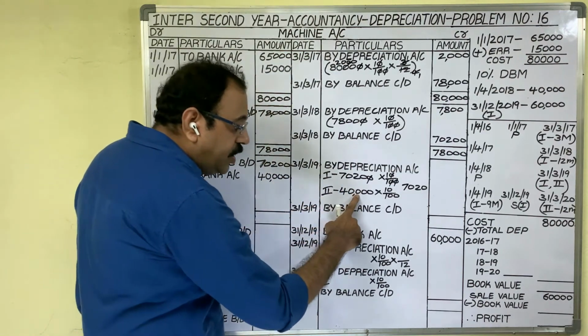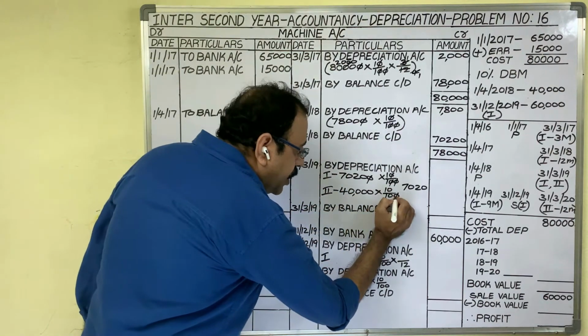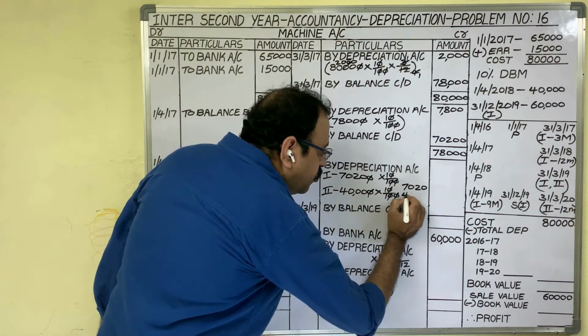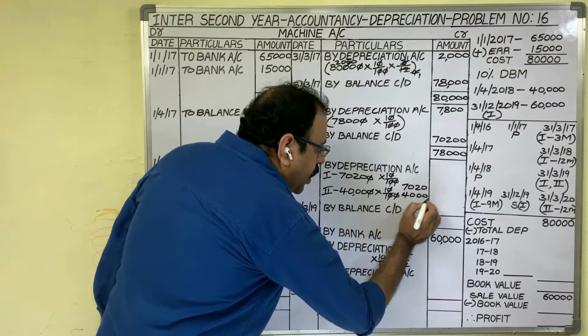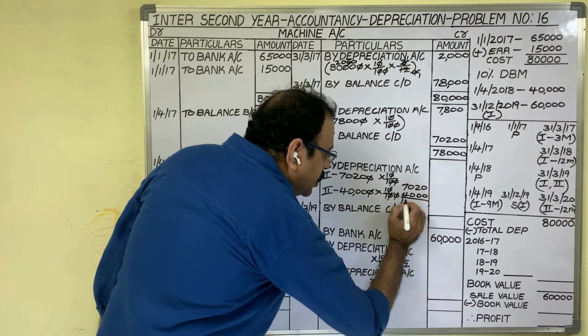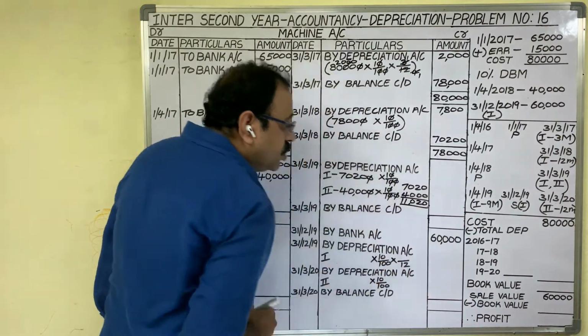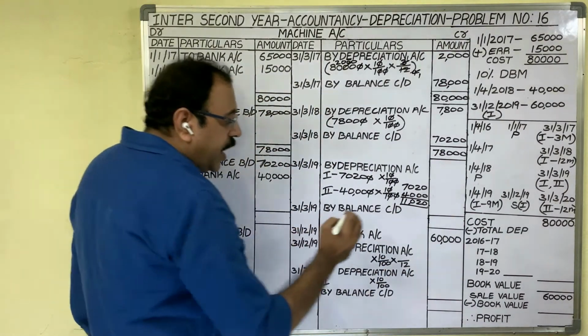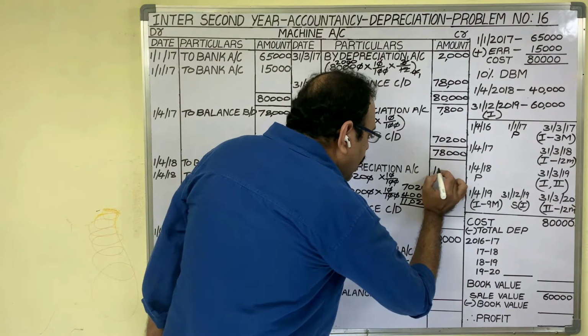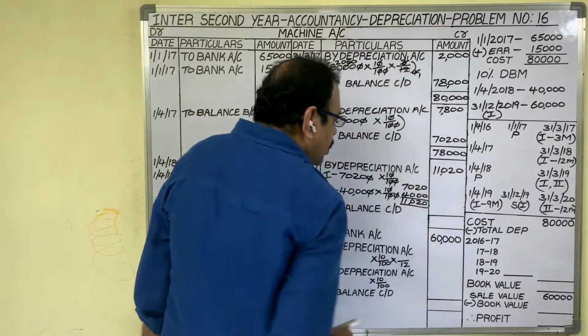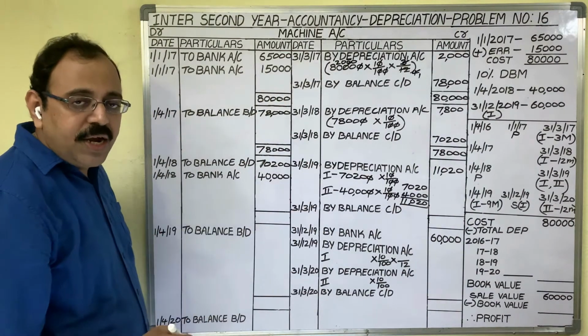Therefore, 40,000 into 10 by 100. Second asset depreciation is 4,000. Then total depreciation is 11,020 rupees. Write down that in outer column, 11,020 rupees.